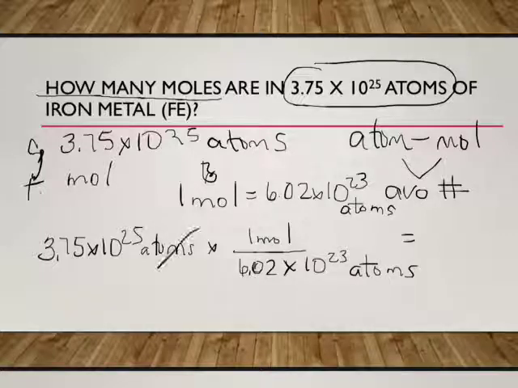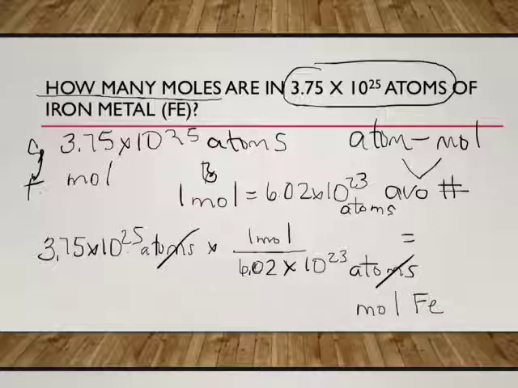All right, so we know we're going to cancel out atoms here. We're going to be left with moles, and we're dealing with iron metal. And I'm going to divide those two. I hope you notice that we do have more than 1 mole of our iron here because, see this times 10 to the 25?